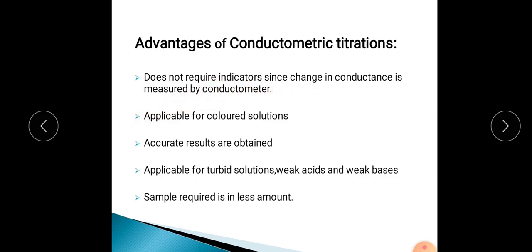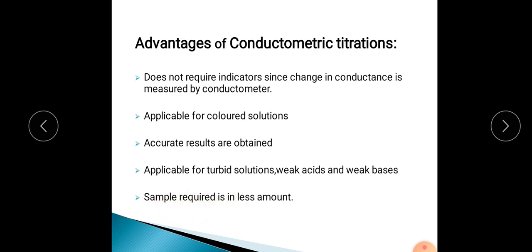Second, they are applicable for colored solutions also. Third, these titrations give accurate results. Quick and accurate results are obtained by this method. These titrations are applicable for turbid solutions, weak acids and weak bases. And in conductometric titrations the amount of sample required is less.